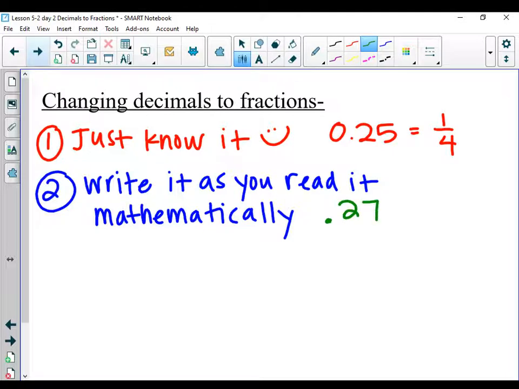Everyone does this, me too. They see this decimal and they say it 0.27. Everyone does it, I also do it.